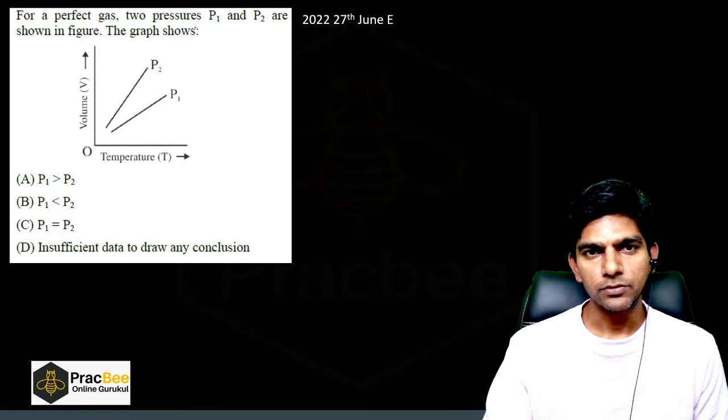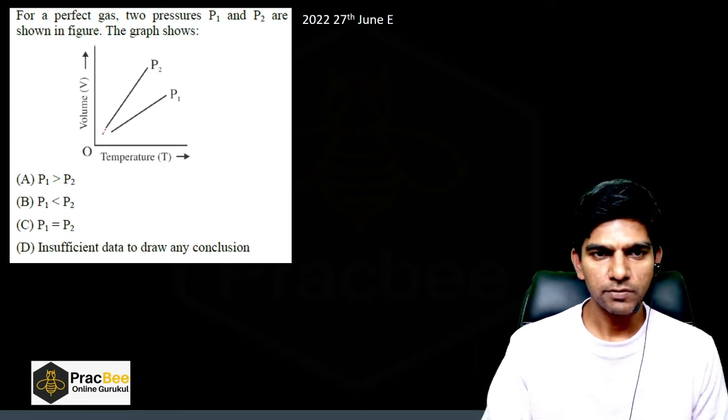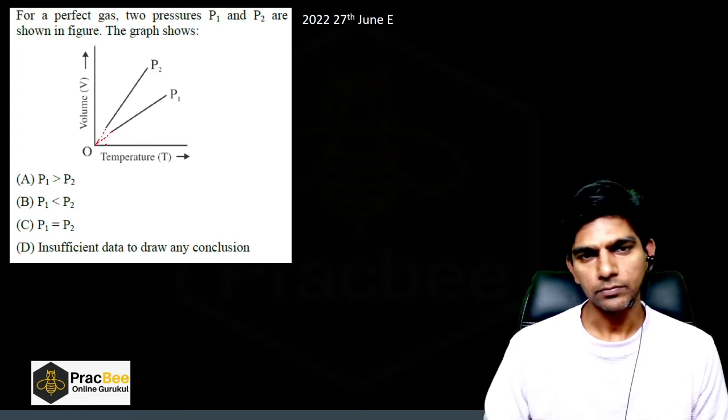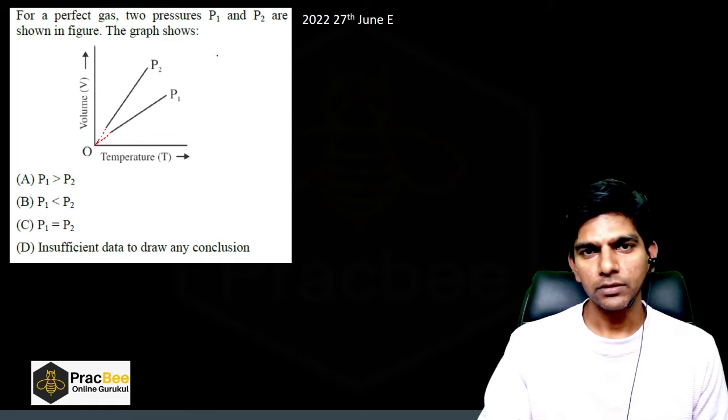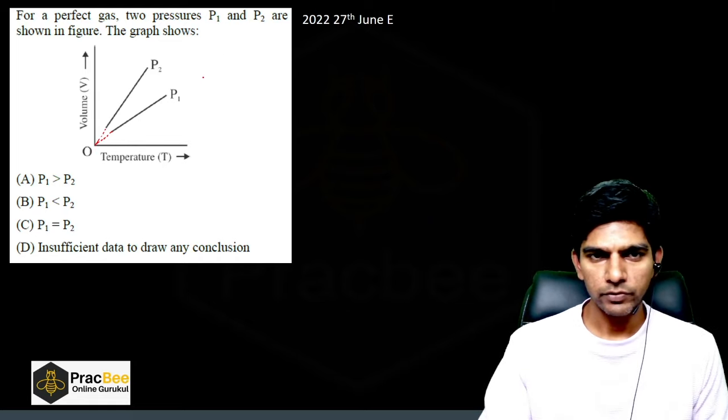Now let us see a typical question which was asked from this portion. For a perfect gas, two pressures P1 and P2 are shown in the graph, in the figure. Both these graphs are passing through the origin. Basically, this is a question for isobaric process, but still we can cover this.